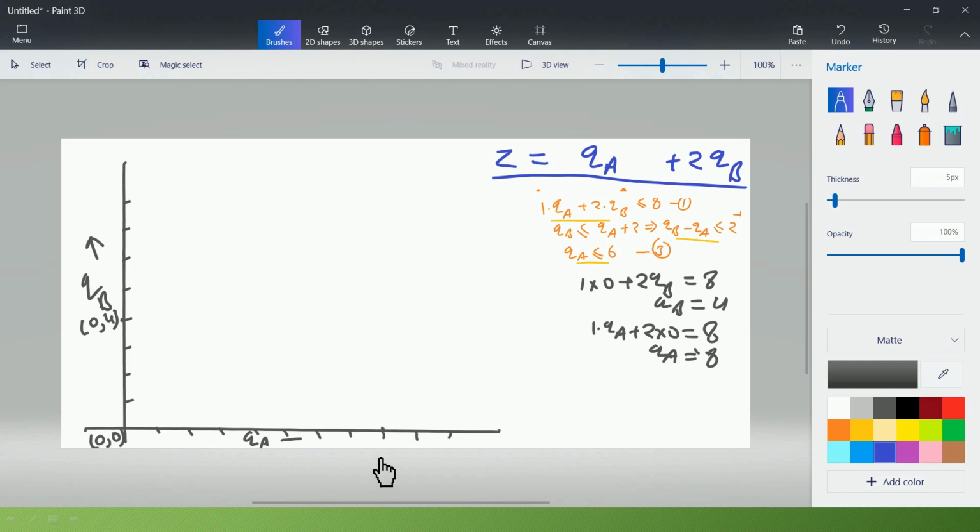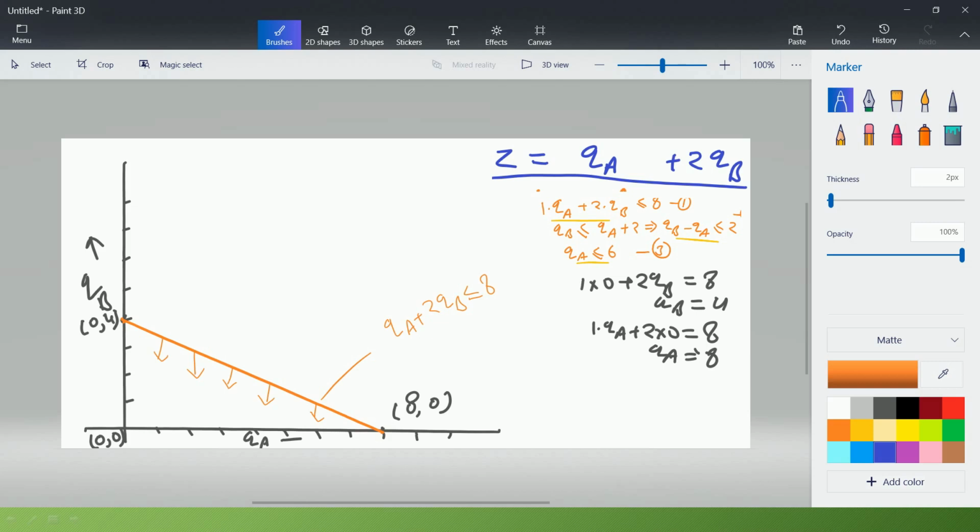This point is 8 comma 0. Okay. So let me draw the straight line. So this line is QA plus 2QB less than equal to 8. Notice that we have to go downward because the condition is less than.